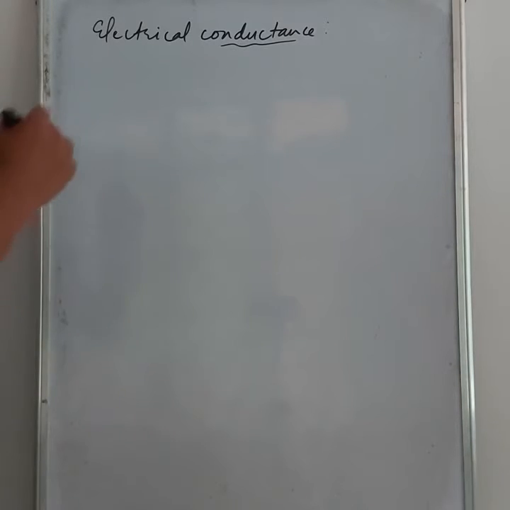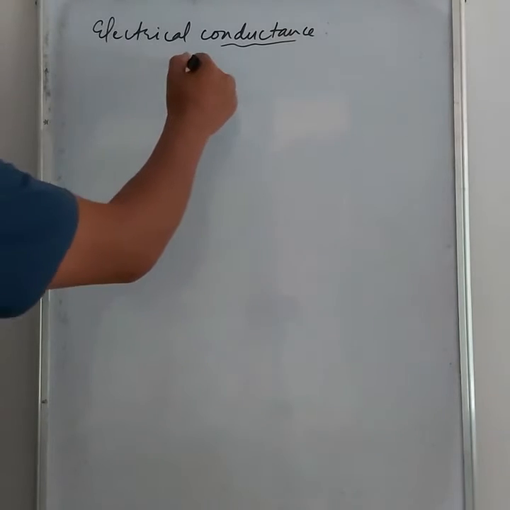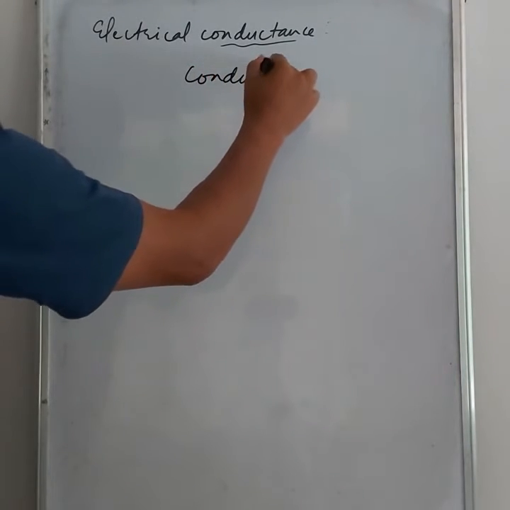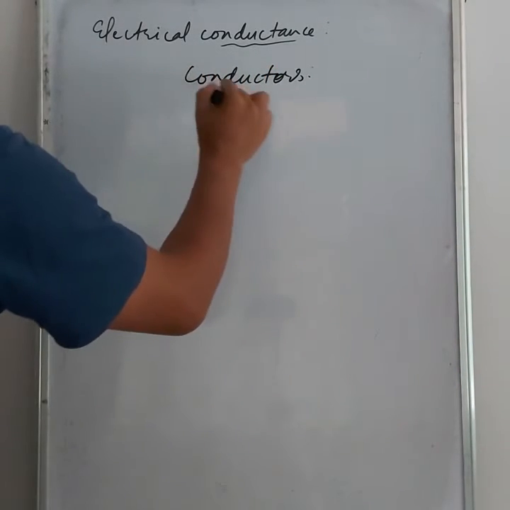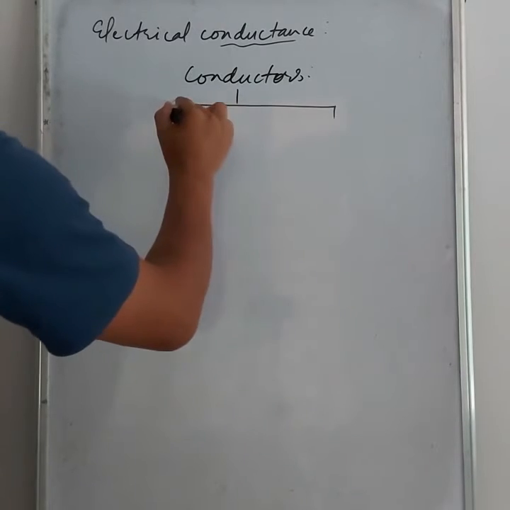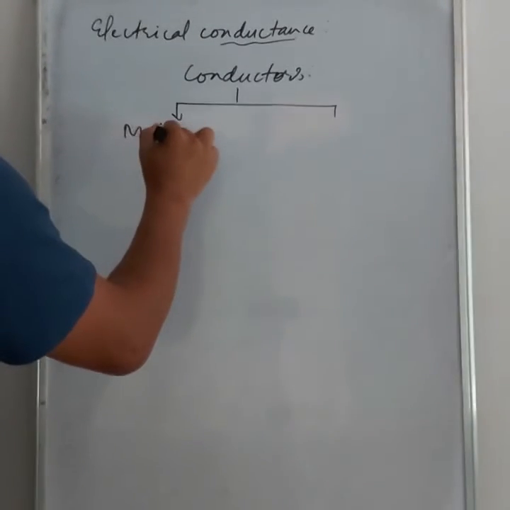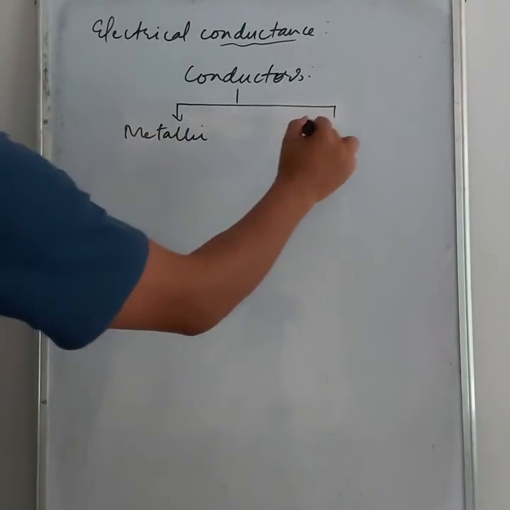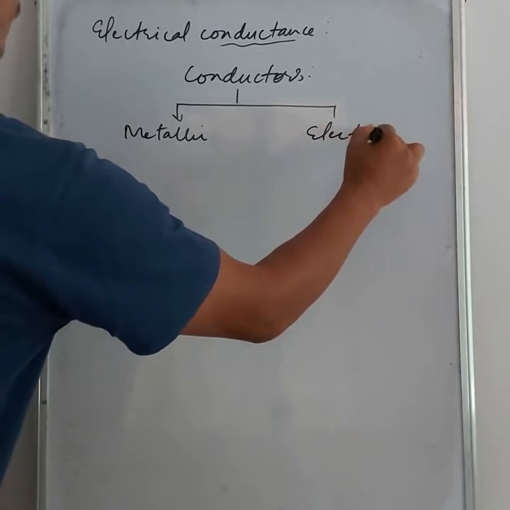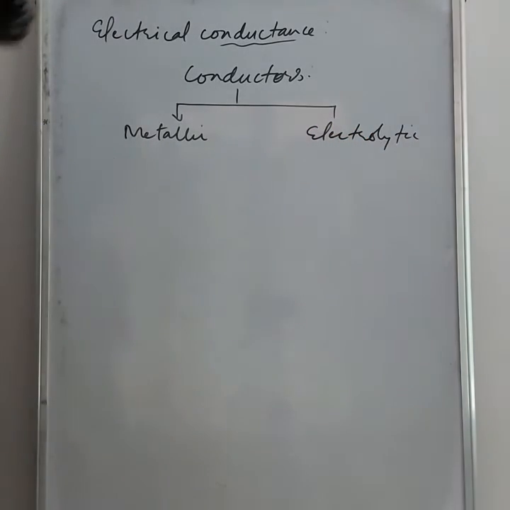So we'll discuss something on conductors. Conductors are of two types. We have the metallic conductors and the electrolytic conductors. So what are metallic conductors?